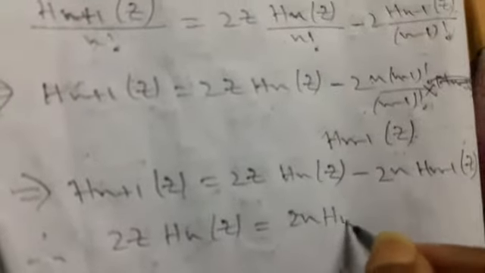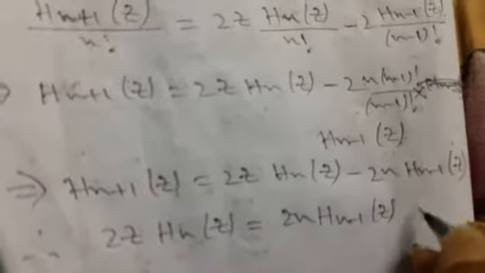It will be our result. Therefore we can see 2z Hn(z) can be written as 2n Hn minus 1(z) plus Hn plus 1(z). Now we proved our desired result. That is the proof. Another interesting result, and we prove this result.